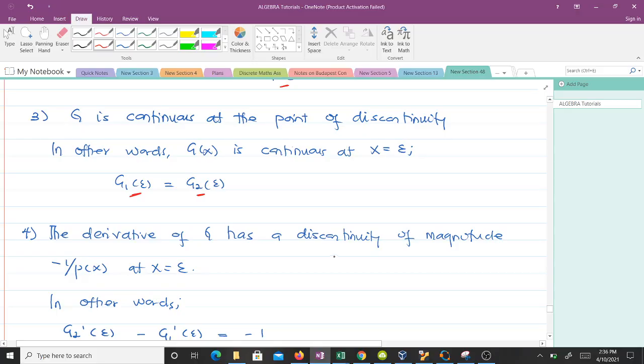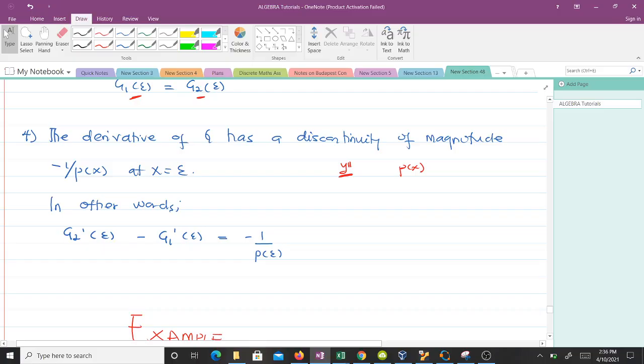Considering a second order differential equation, p of x is always the coefficient of y double prime. In other words, g2 prime of epsilon minus g1 prime of epsilon should be equal to negative 1 over p of epsilon.